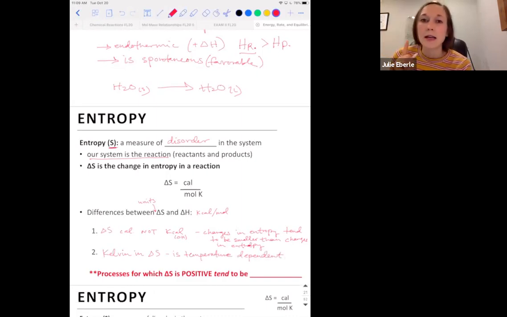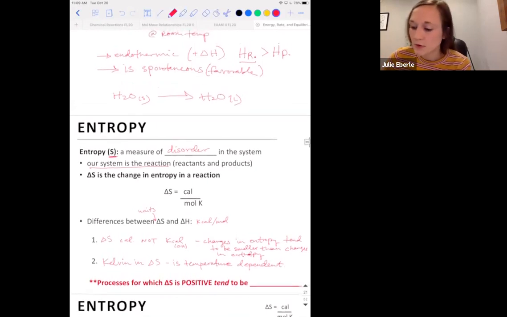So we said the 2 changes are that we have calories instead of kcals, and we have Kelvin in our units for delta S, which means it's temperature dependent. And why is that important?